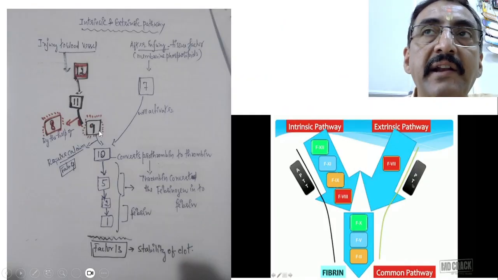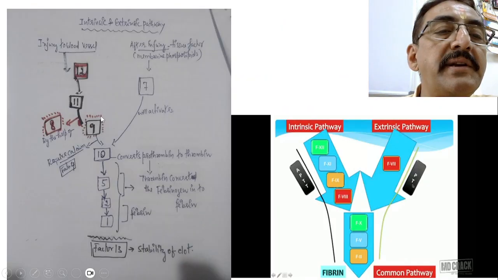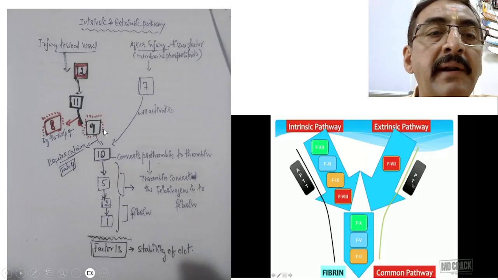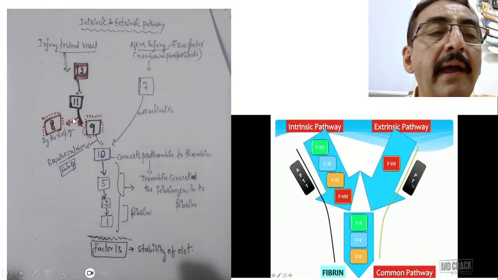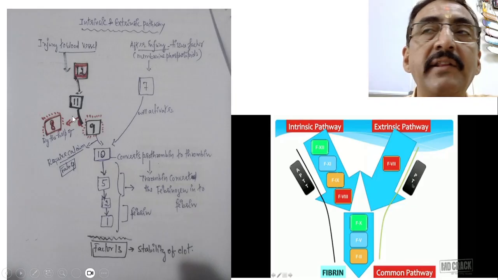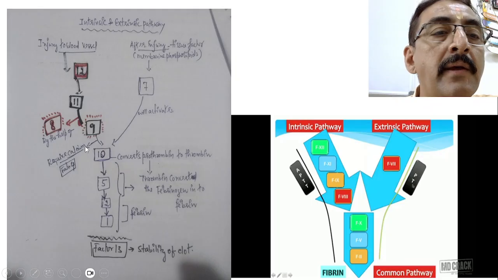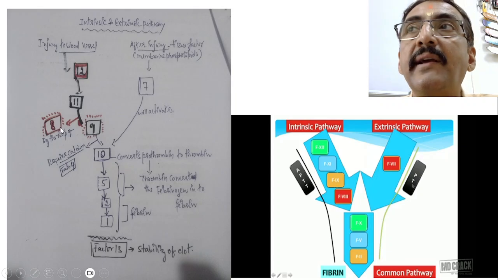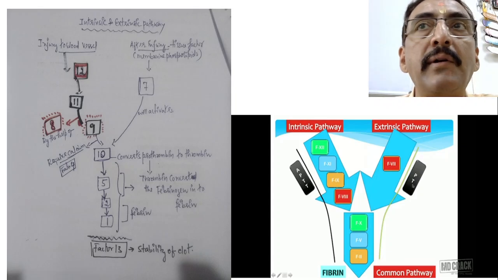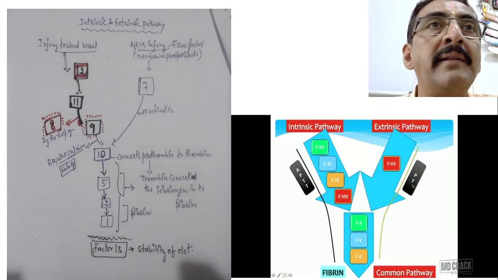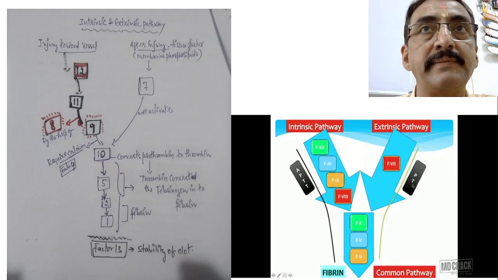Factor number 9 is activated, but for its proper activation we also require factor number 8. Factor number 8 is nothing but the hemophilic factor. Now this factor number 8 also takes help of another important factor, which is actually not mentioned in the clotting factor list, called von Willebrand factor.